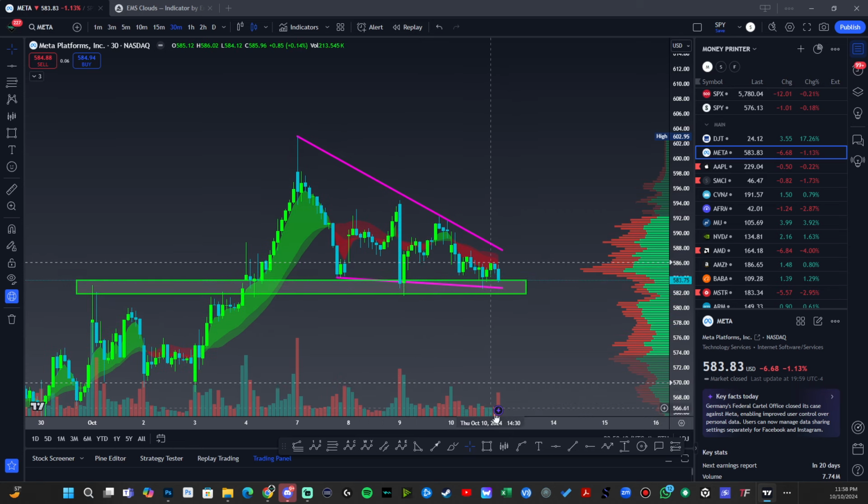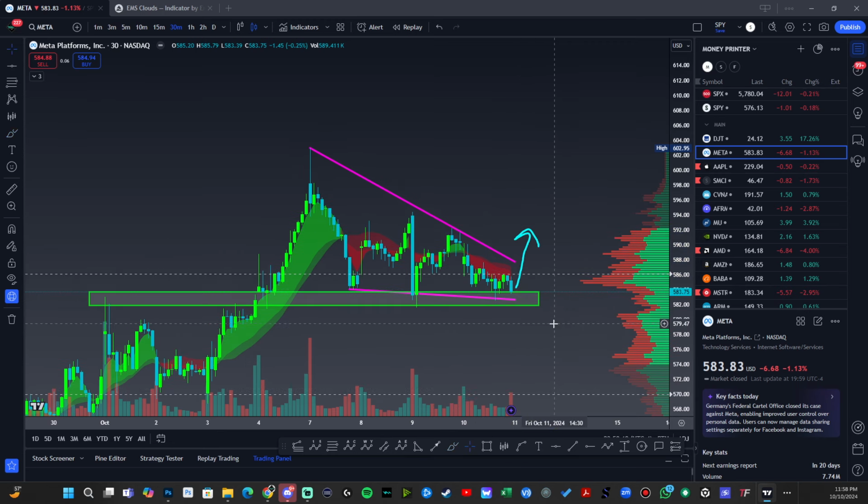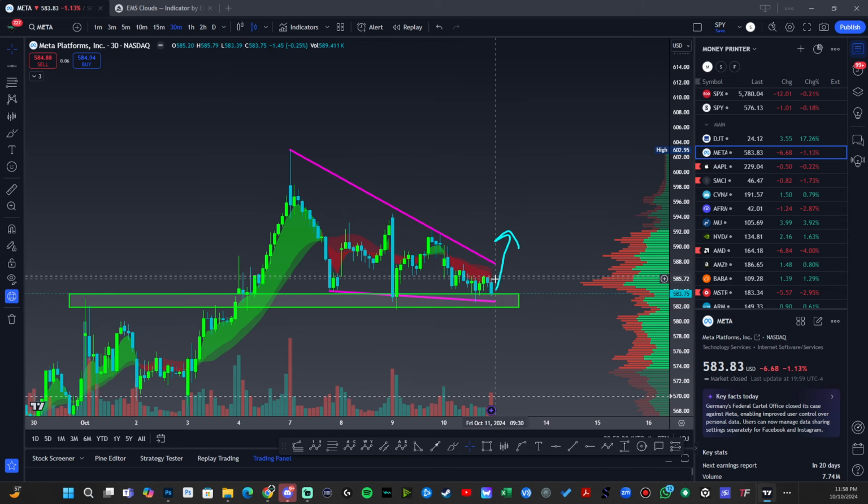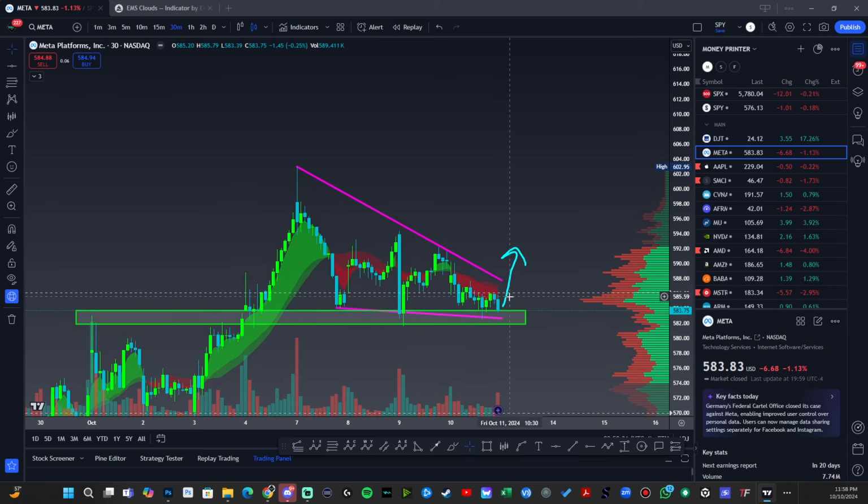So I'm looking for this to hold and potentially break out of this wedge here. If this can hold this previous zone, I would look to take an entry for a push through and out of that wedge. But just to show you, resistance turns into support, and vice versa also.